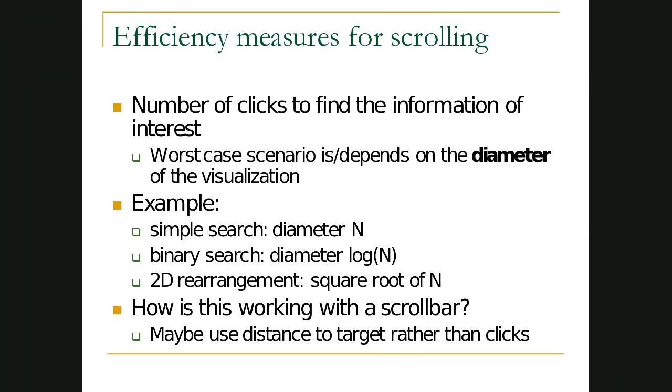If I have to sort n files, then I can sort in n times log n. That's how many operations it'll take me. So they're trying to do something similar for visualization. It's like, how big is the visualization going to be in terms of how many items I display? If I have to display 1 million items, how long will it take me to go from one end of that visualization to the other?